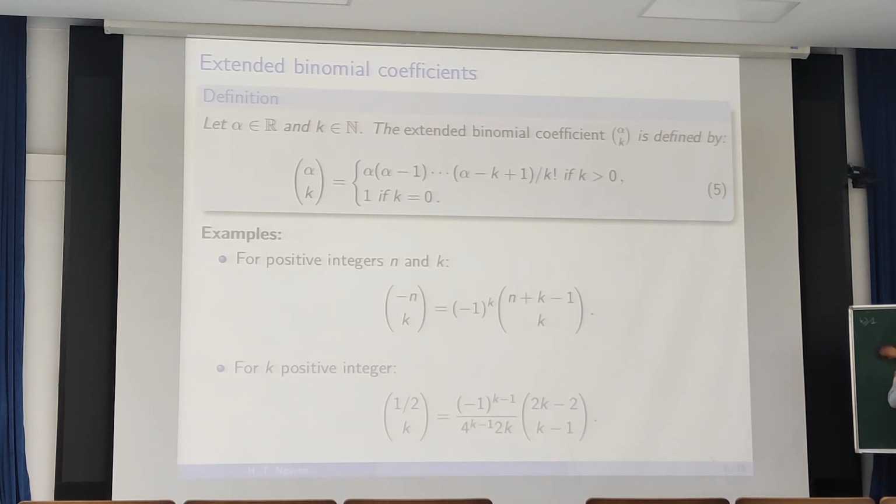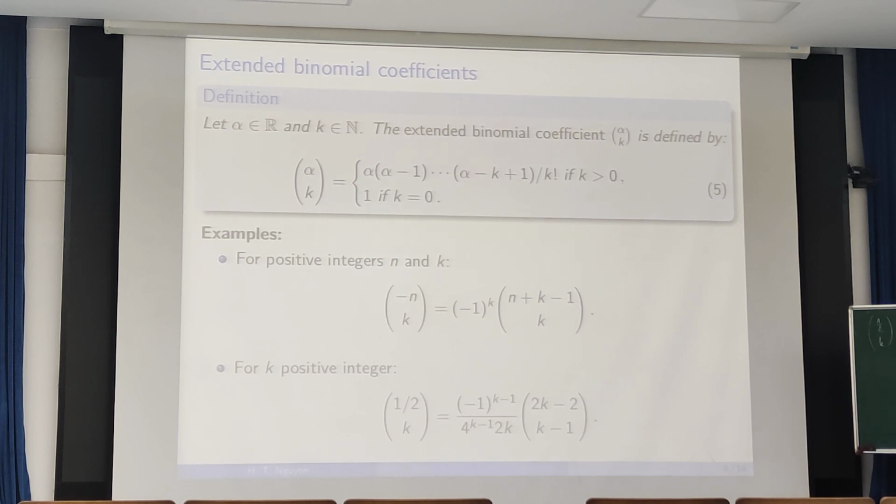So I will do it here for you. Why do we do that for 1/2? Because the power 1/2 corresponds to the square root. If we want to work with generating functions where the square root is involved, we need to calculate something like this. So now we have 1/2 choose k.